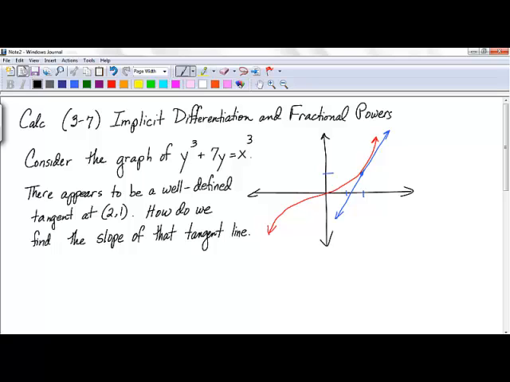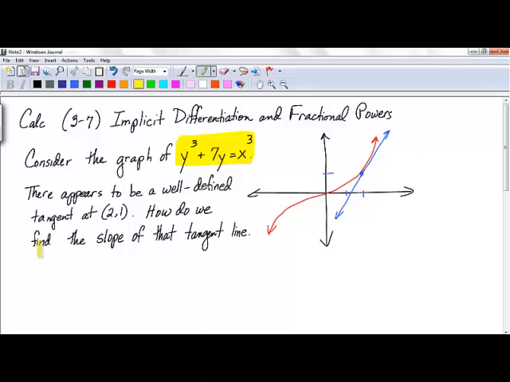Okay, so when you look at this, how do we find the slope of a tangent line? The problem is, if you go back up and look at this equation, how do you get y by itself? You could factor out a y, but you've still got a y on the inside. There's no way in that equation that you can solve explicitly.